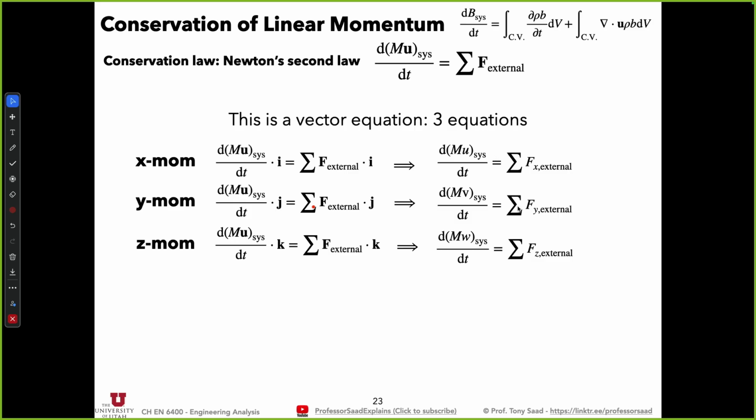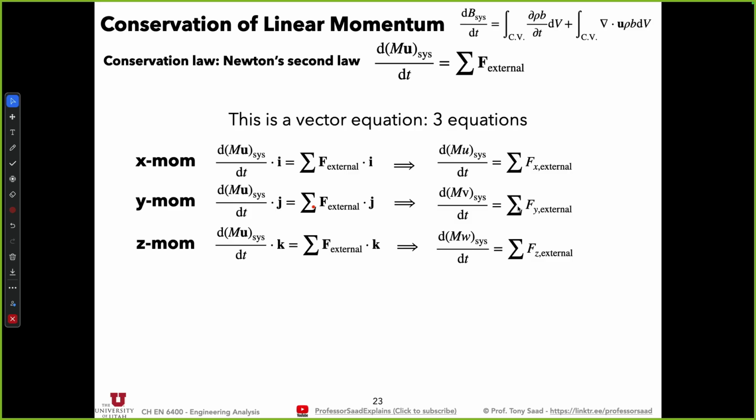I could have dealt with the vector form of the equations, but I didn't do a vector form of the Reynolds Transport Theorem. We only did a scalar form of the Reynolds Transport Theorem, right? So as far as we know, we can only apply the Reynolds Transport Theorem to scalars.